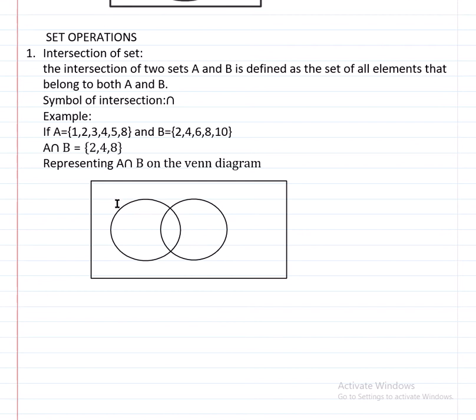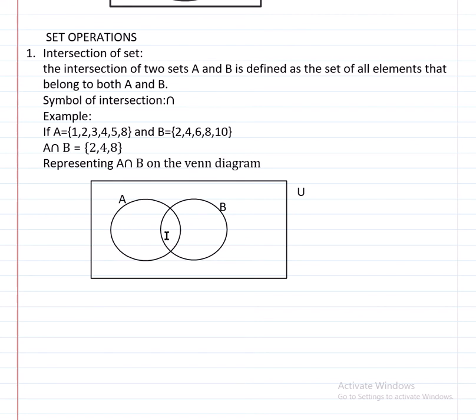So this is our set A, and this is our set B, and this is our universal set. Now let's list the members.